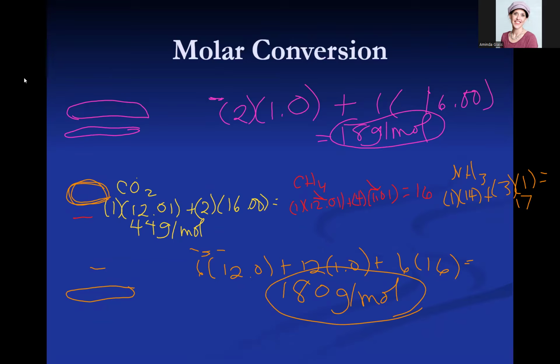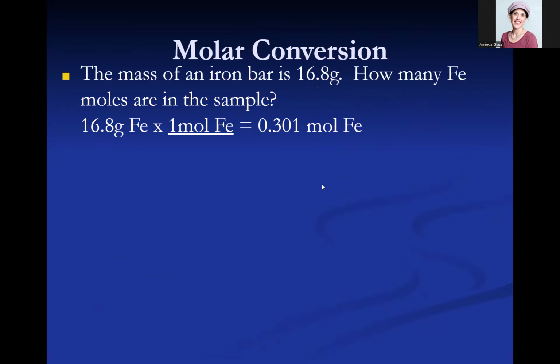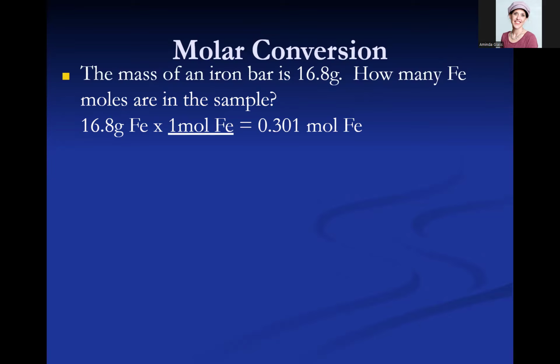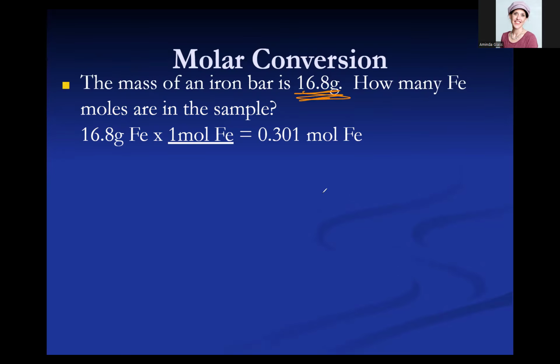Now let's look at molar conversions. Now that we know how to calculate molar mass, we can actually go through and calculate how many moles of something we actually have. So if we have the mass of an iron bar is 16.8 grams. So remember where I talked about what are you given? And then what do you need to find?